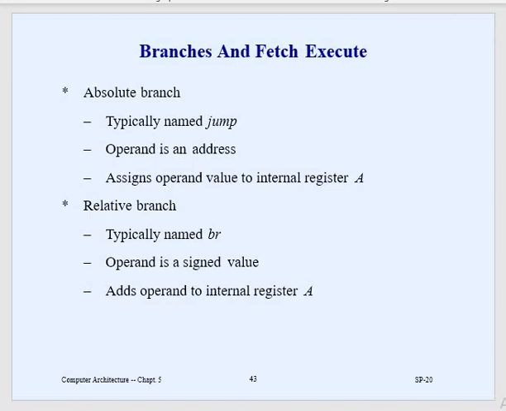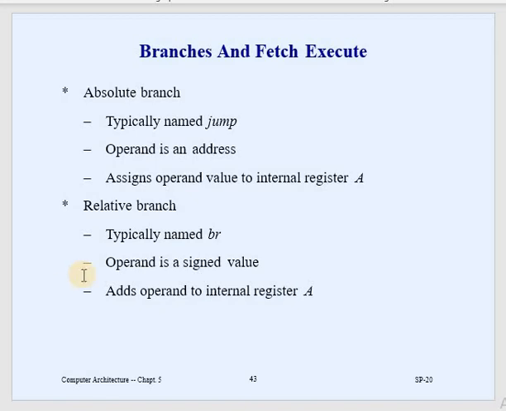In the absolute branch, the operand was an address, and in the relative branch the operand is a signed value. In the absolute branch, we just assign the operand value to the internal register, but in the relative branch, we add this value to the internal register.